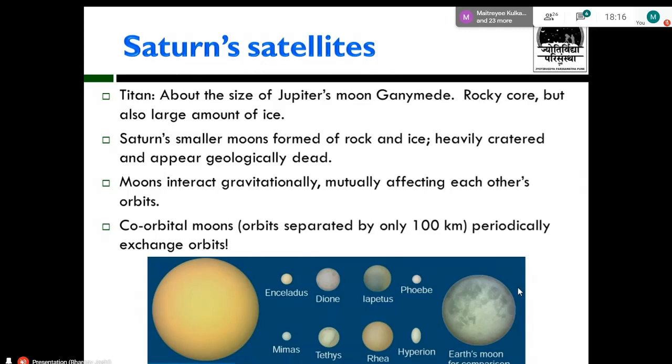So imagine maybe one day a life form which does not require water as the fundamental element of life, but requires liquid methane, will evolve on Titan. And we might have another form of life in our own solar system. That's really exciting. And we have launched missions called Cassini-Huygens, which have actually landed on the surface of Titan.